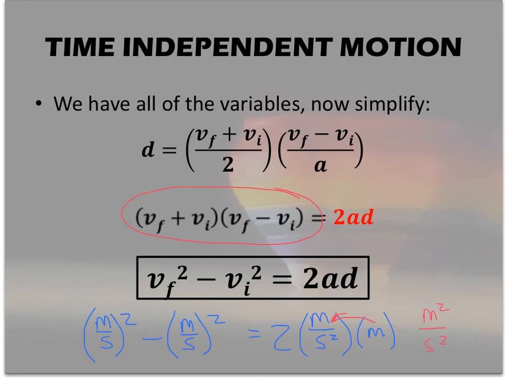And when I square these velocities, what I end up getting is meters squared over seconds squared. So the variables on both sides are actually the same: meters squared over seconds squared.